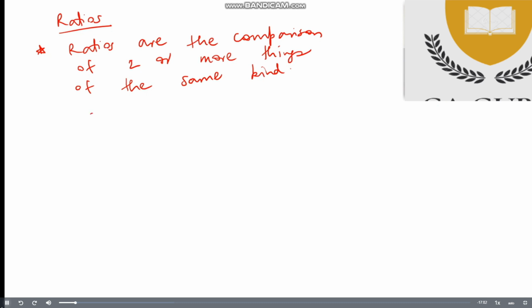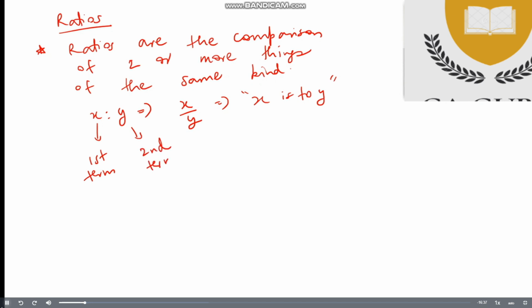So for example, x is to y, we can write it as x by y. We can also say it is x is to y. This is how we say it. Okay, so this is the meaning of ratio. Now the numerator x is the first term and the denominator y is the second term. All this we've already done. Just want to do a quick recap so that you are revising it for the second time.